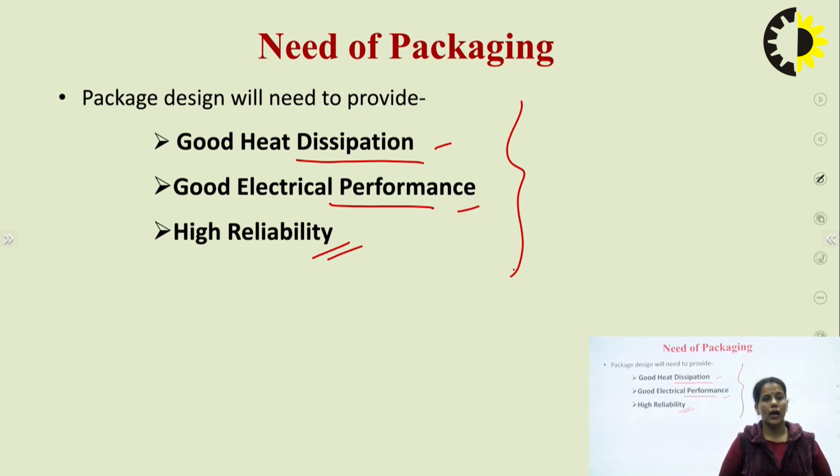So it should be highly reliable. It does not get damaged so easily, or does not wear and tear out frequently. So these three are the critical parameters to consider while selecting the package type: good heat dissipation, good electrical performance, and high reliability.